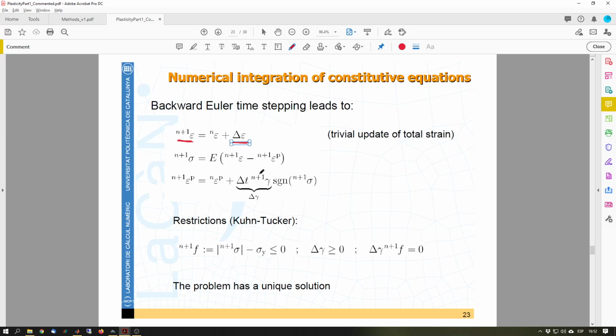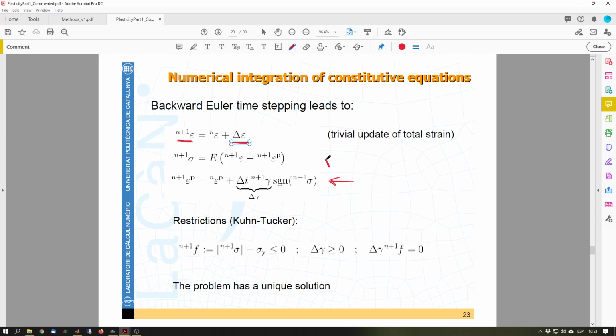We're going to call this delta t times gamma at n plus 1 the increment of gamma. With that we remove delta t and the n plus 1's, and we simplify our notation and writing. And we should also have the plastic strains, this is our backward Euler scheme.